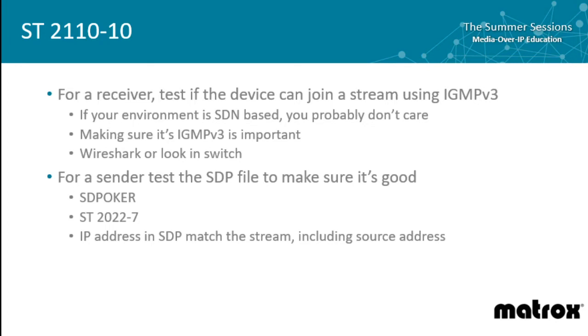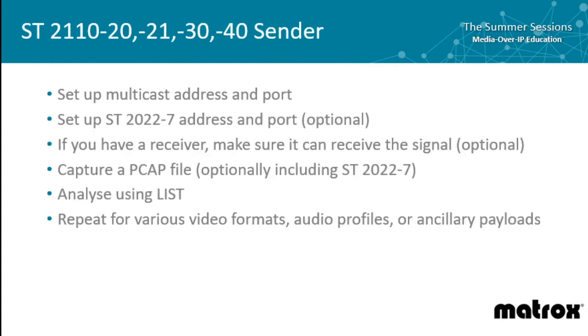The test plan also looks inside the file to make sure that if it's a -7 signal, it's described properly as a -7 signal, and that the IP addresses inside the SDP file actually match the sender. They're not hard-coded in the SDP file. We've seen that a long time ago. This is something that we test to make sure it doesn't happen anymore.